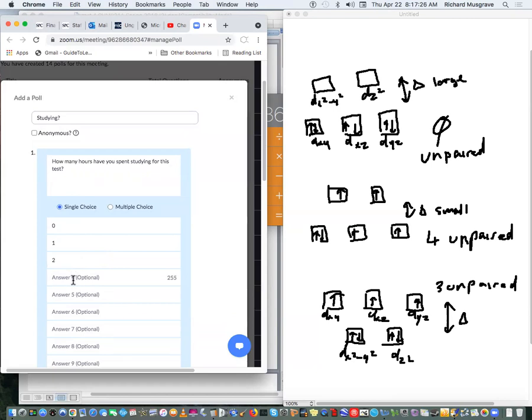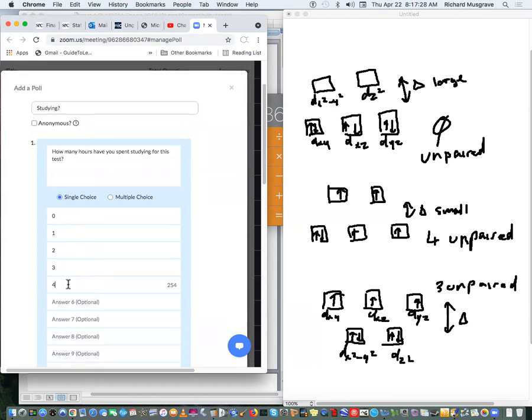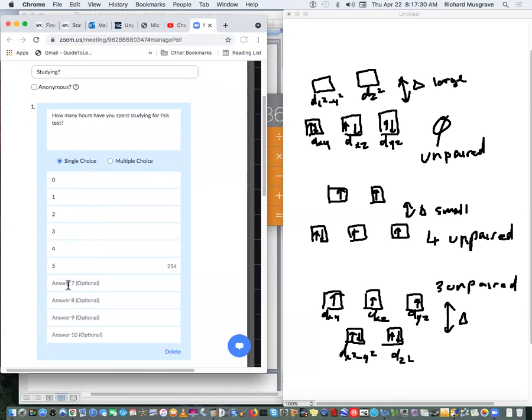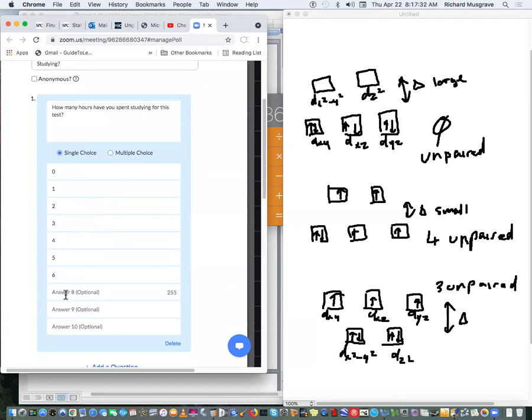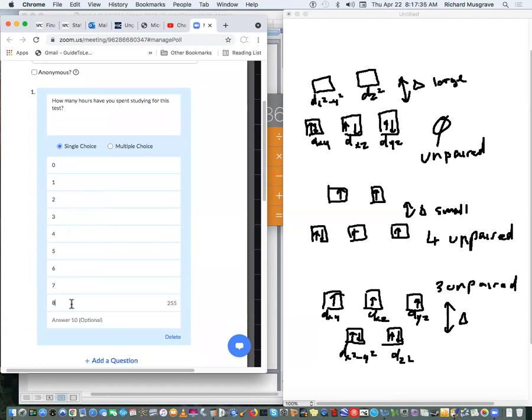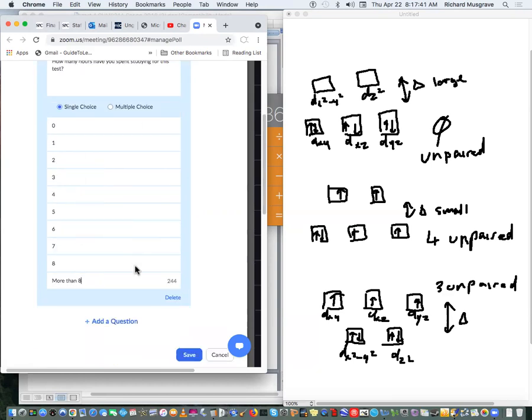So just looking for a rounded answer here. And an honest one because it is anonymous.